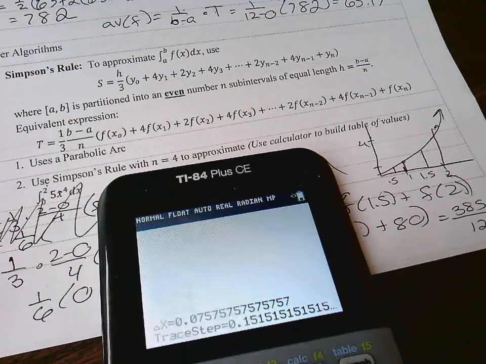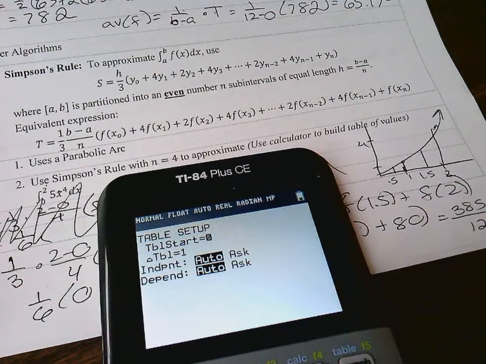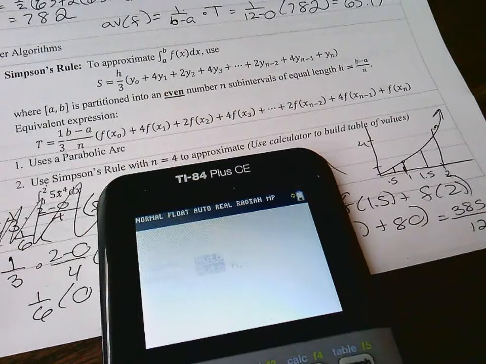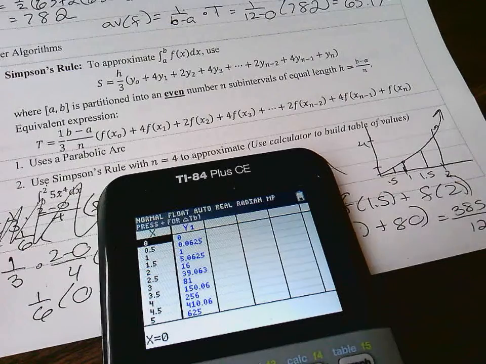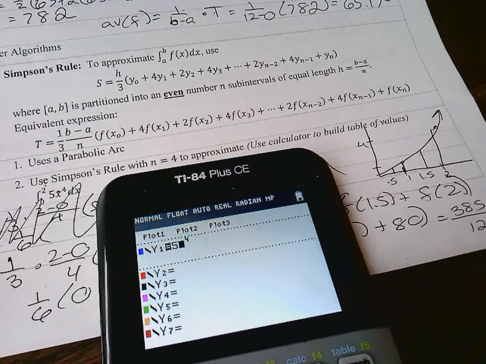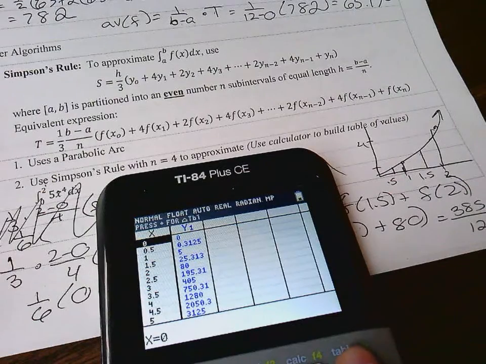In the table setup, you could start at 0.5, and then look at the table. I think I put it in wrong. Yeah, I did, 5x to the 4th. Okay, so that's how you get that. We're going to do the next one kind of like that too.